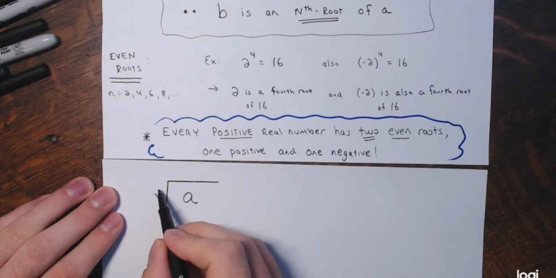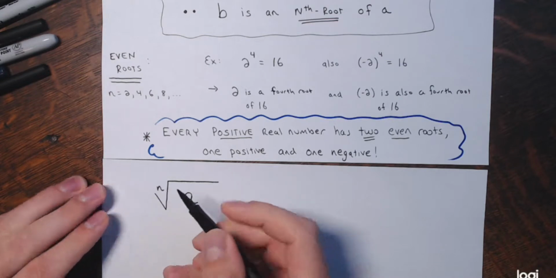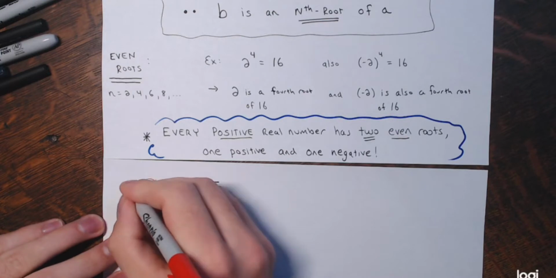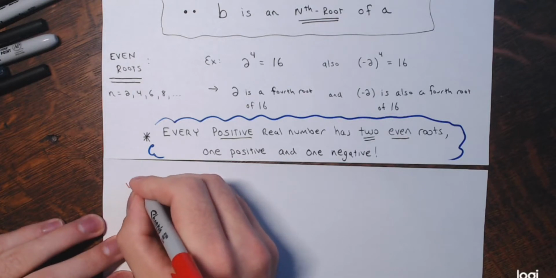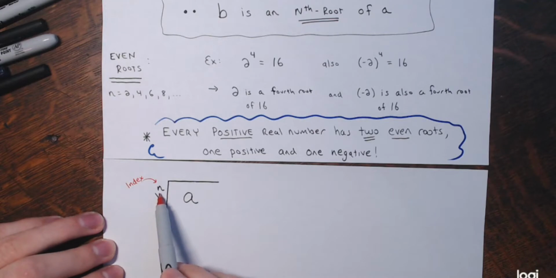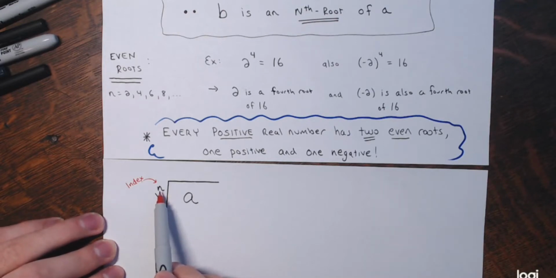If you want to know what root is being taken, that goes here, and this is called the index of the root. It tells you what root's being taken. So if that were a 4, it's the fourth root. If that were a 6, it's the sixth root. The only time you don't see this is when there's a square root. If it's not there, it's just implied to be 2.